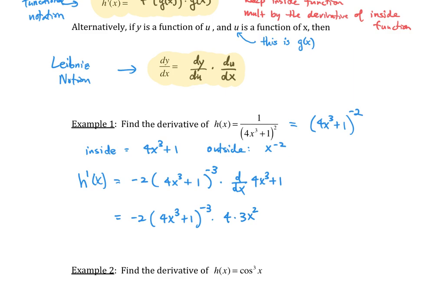So what I can do now is simplify my answer. When I multiply negative 2 times 4 times 3, that's going to give me negative 24. Let me put the x squared in front, and then I'm going to have 4x cubed plus 1 to the negative 3 power. And that's my answer.